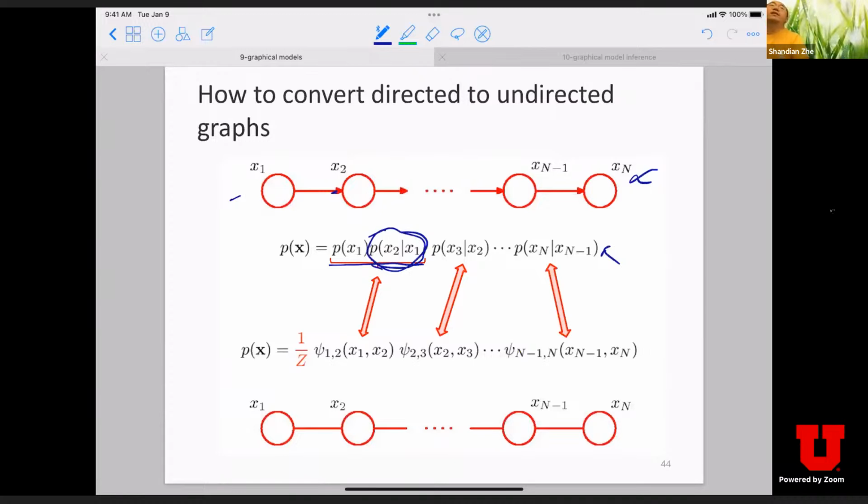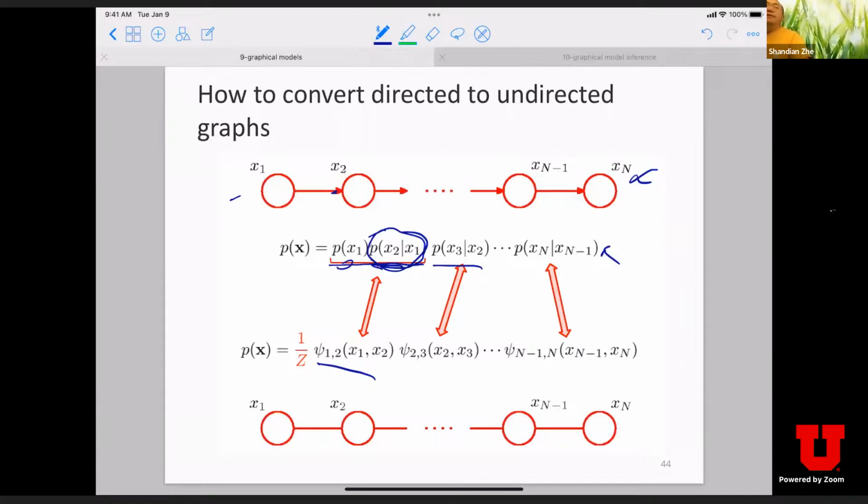And the related probabilities. For example, here we know that P of x2 given x1 couples x1 and x2. That means x1, x2 must have a potential function. At the same time, the marginal probability of x1 is also here, so you should subsume P of x1 as well. That's where you define the first potential function, psi of x1, x2. Similarly, you have P of x3 given x2, which couples x2 and x3.